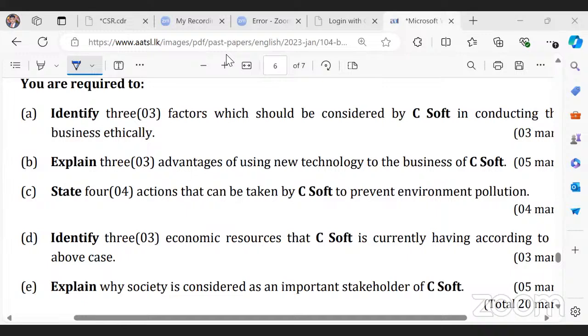As an example, they can comply with regulations introduced by, say, Environmental Authority and Ministry of Environment. And they can introduce green policy. Green policy means eco-friendly policy. Also, they can introduce a good waste disposal system, a waste management system.